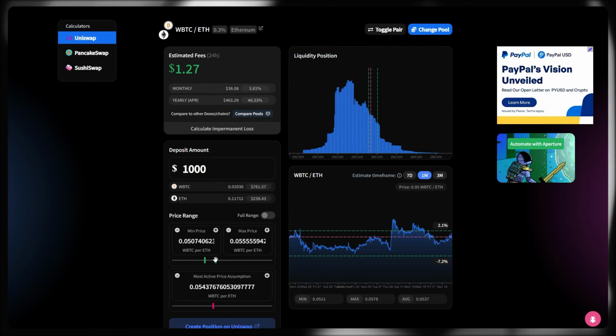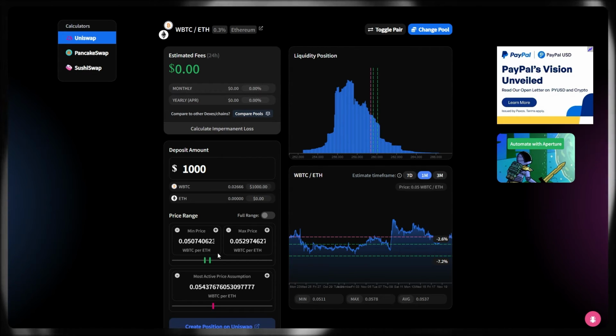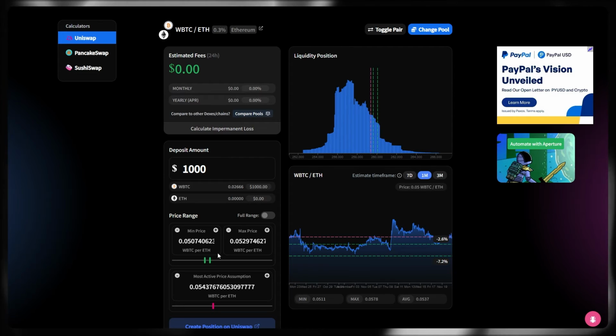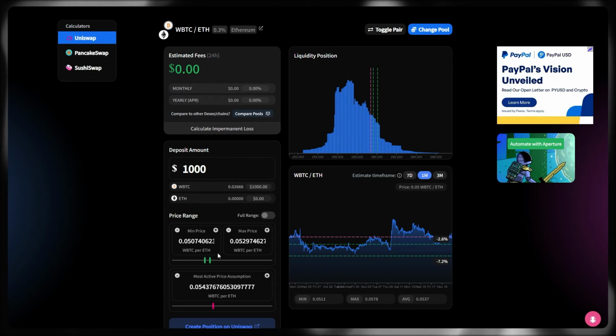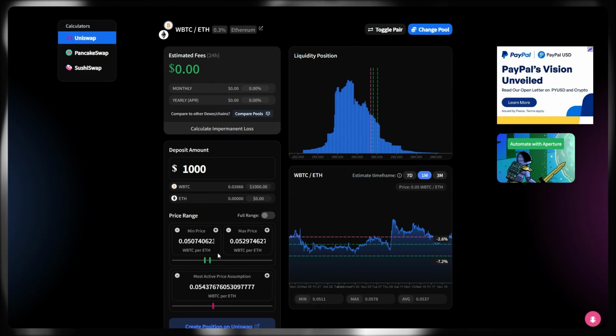So if the price falls below my min or goes above my max, suddenly I am earning no fees. And that is because I am providing liquidity to that section of the distribution for trades. Of course, no trades are taking place within that particular section because the price is outside of it.